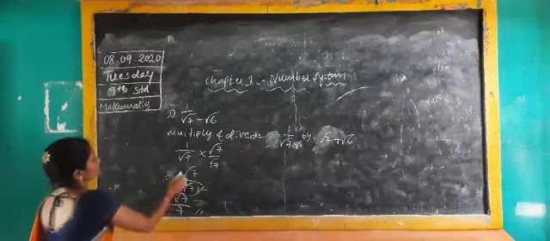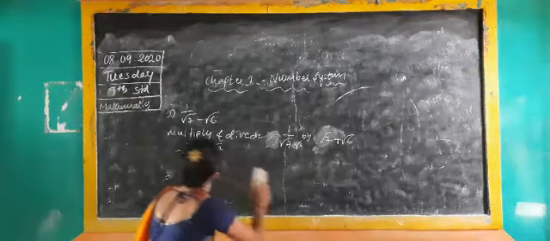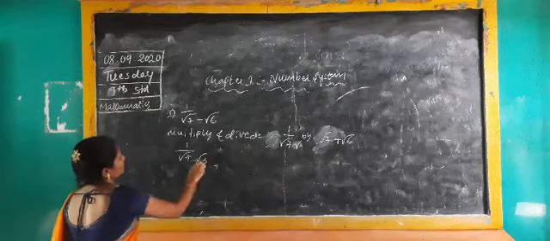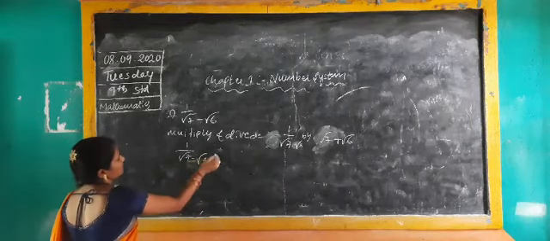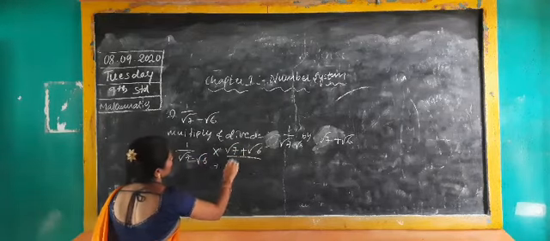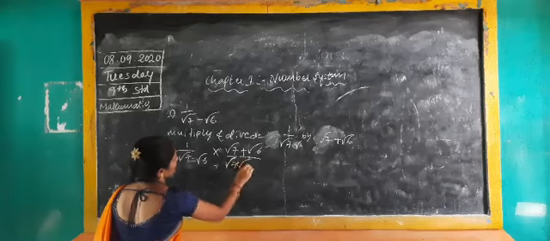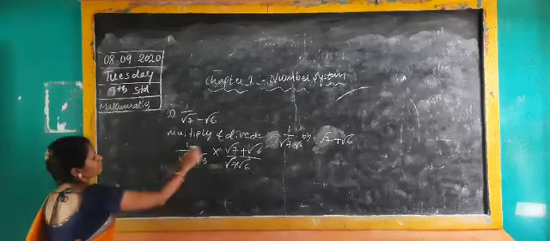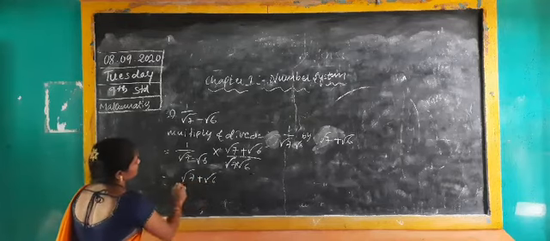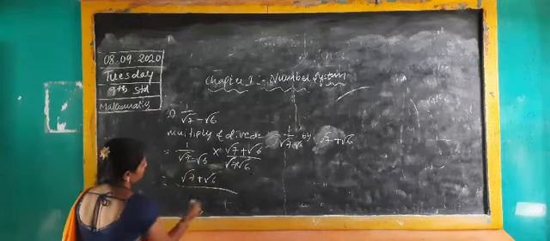Here just change. Root 7 root 6, it should be the same, you should write this. But here into root 7 plus root 6, root 7 plus root 6 you should write. Now multiply the numerator. What is there? Root 7 plus root 6 divided by, see here a minus b, a plus b formula.